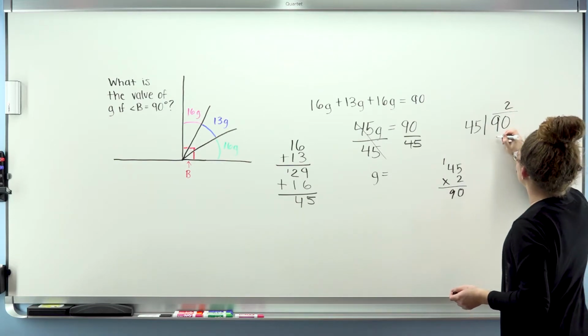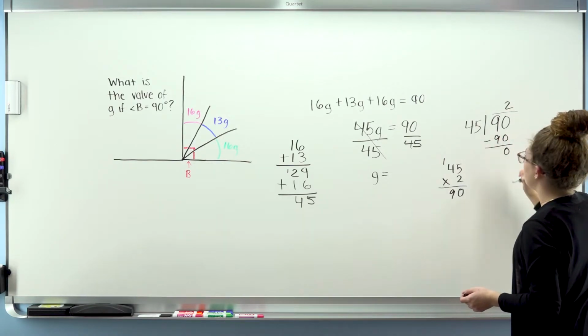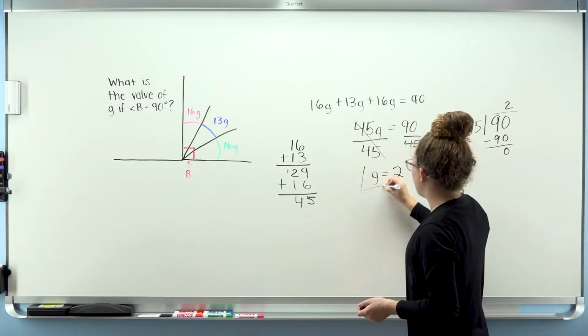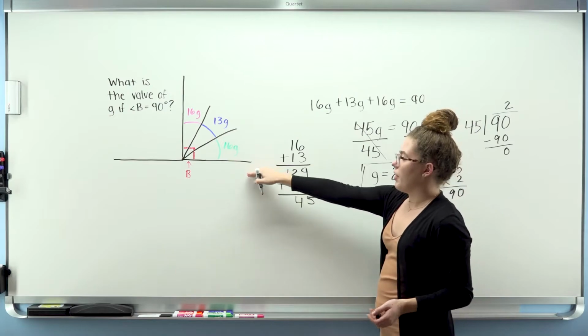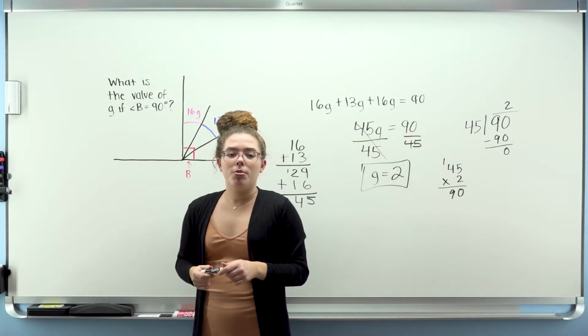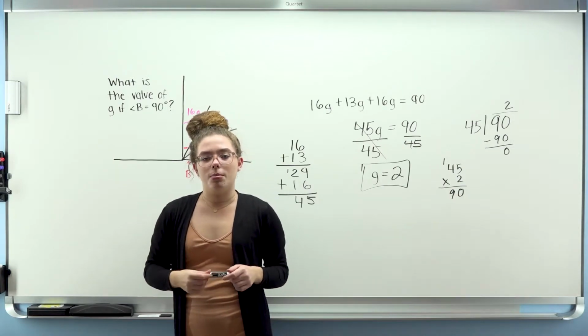So we put the 2 in, and it would just be 2. So 90 divided by 45 is 2. Therefore, our value of g in this diagram would be 2. So now I'm just going to pause for a moment and erase the board and put up another problem for us to work out.